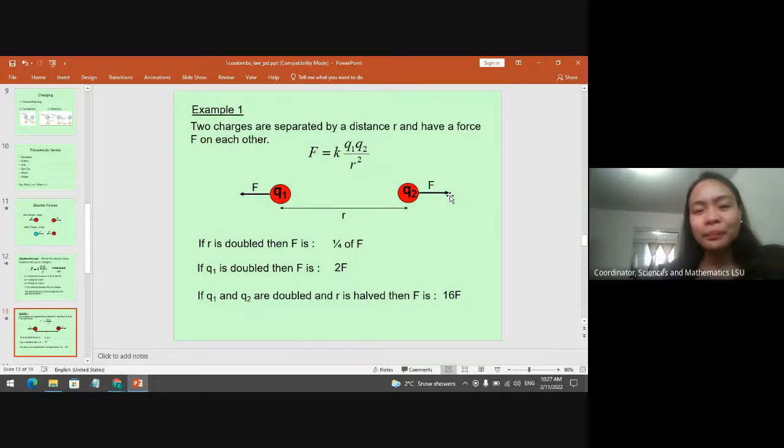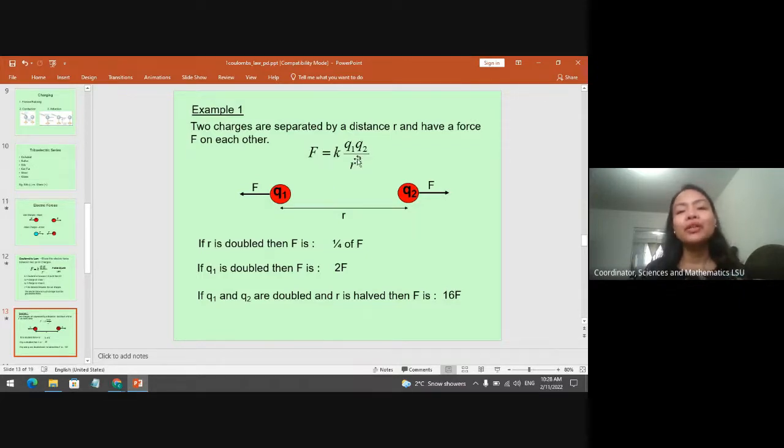Okay. Now, using our Coulomb's law equation, if r is doubled, then F is 1/4 of F, because you are doubling the distance. So doubling the distance will decrease the electric force. Now, if Q1 is doubled, then F becomes doubled also. If we increase our charge for Q1 or Q2, our electric force will also increase.